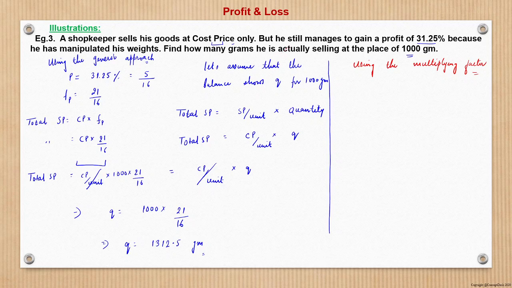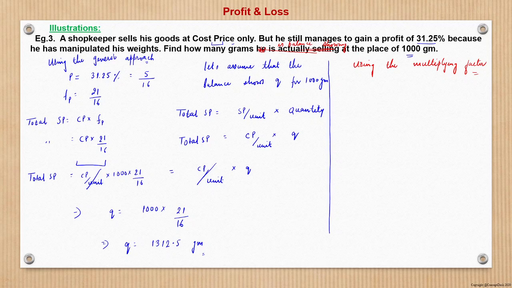Find how many grams the balance is showing in place of the original. I mean, if the original weight is 1000 gram, how much is the balance showing? This is the question. Let us suppose.